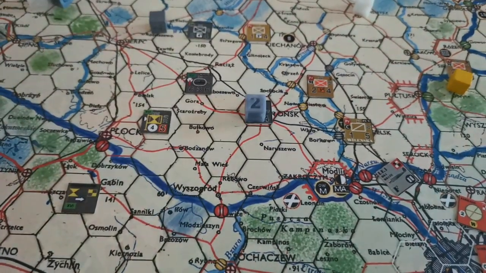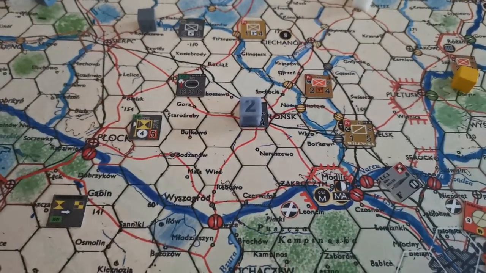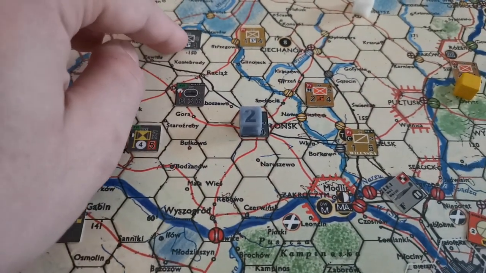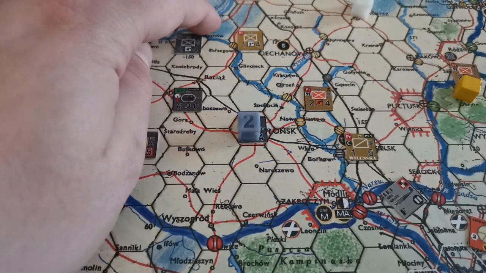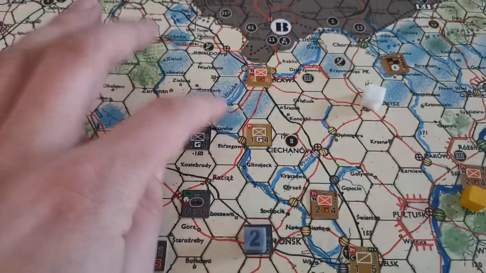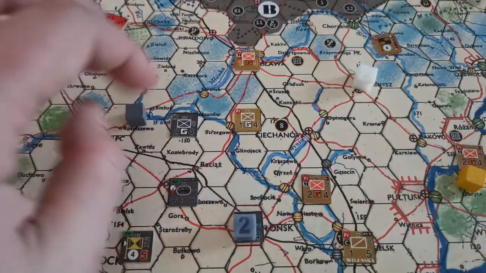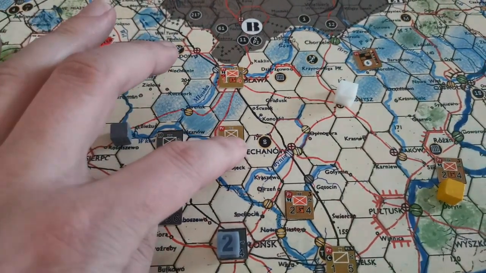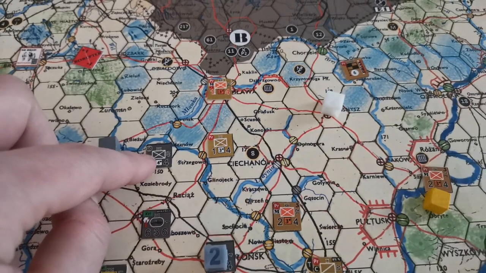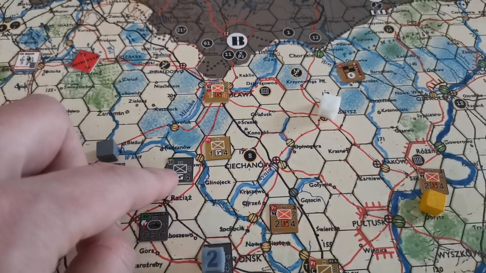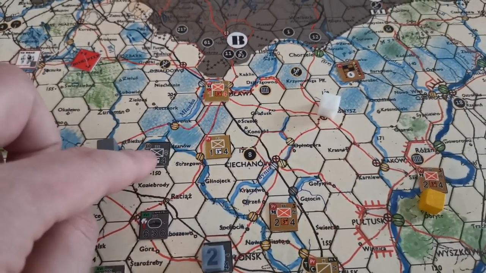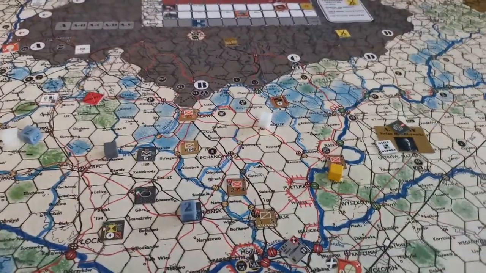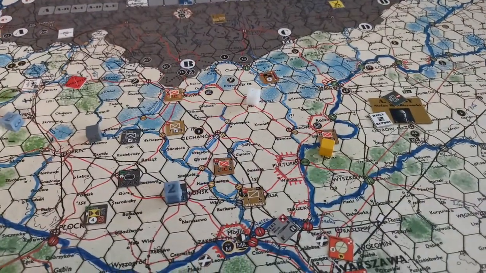We mark it with DFR. The 46 division cannot move in here because it costs too many movement points. Flooded terrain is 3. River is +1. Zone of control is +1. So the only option is to go this way, or let's say keep this part of the river safe and make a detachment.